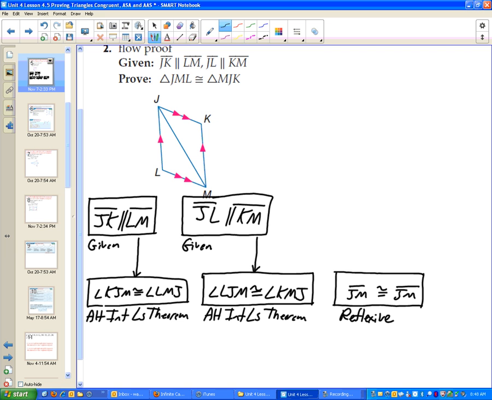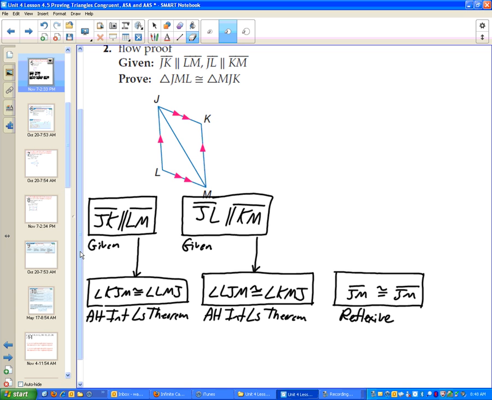Our book would have written that box up here just because they like to. And why do you think I put it on the same line as those other two things? Because when I put those three together, that gives me the angle side angle. So to me, it seems logical to put them all on the same line.